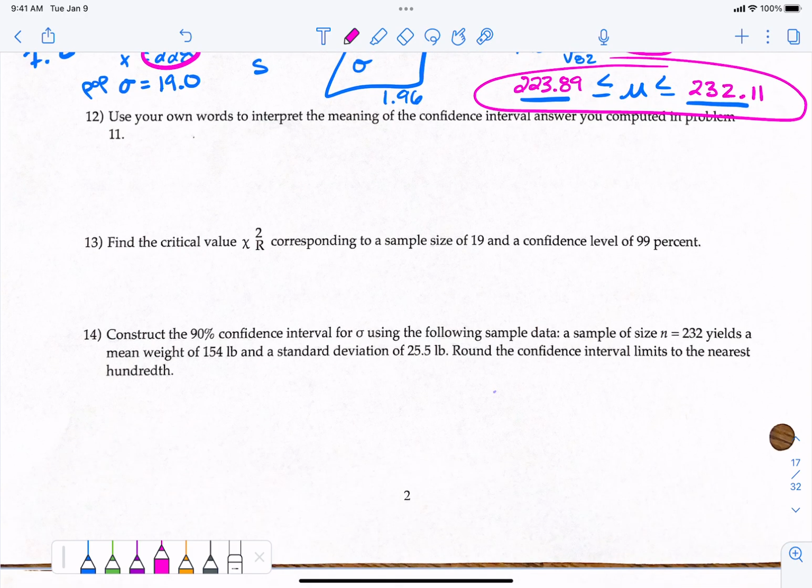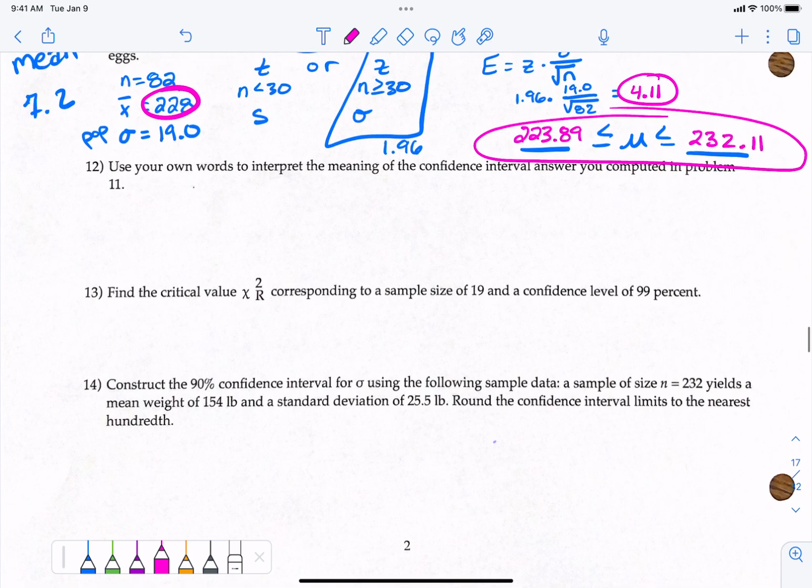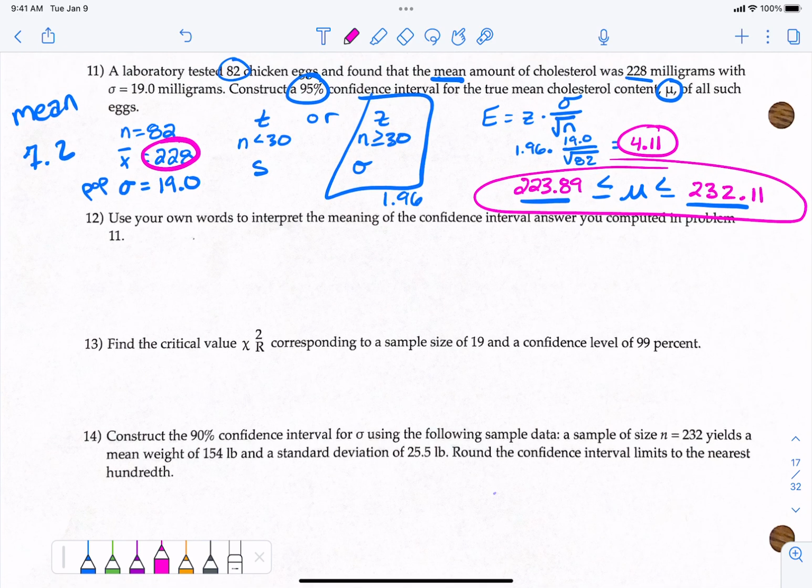All right, let's do 12. Use your own words to interpret the meaning of the confidence interval above. We're talking about the cholesterol level of chicken eggs.